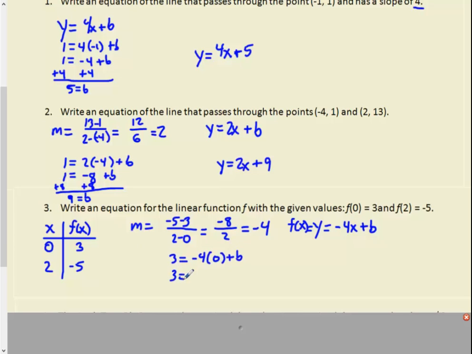But that means, remember, negative 4 times 0 is just 0, so we already know the value of b. 3 is equal to b. And so we end up with f of x is equal to negative 4x plus 3. And notice that when x is 0, we already actually have our y-intercept right there. So we really didn't need to go through all of this work if we spotted that. Our y-intercept is staring at us right there.